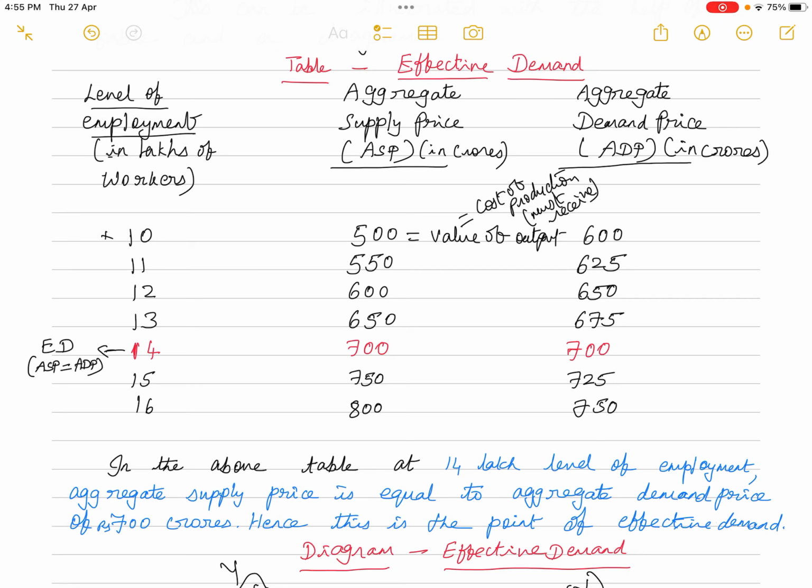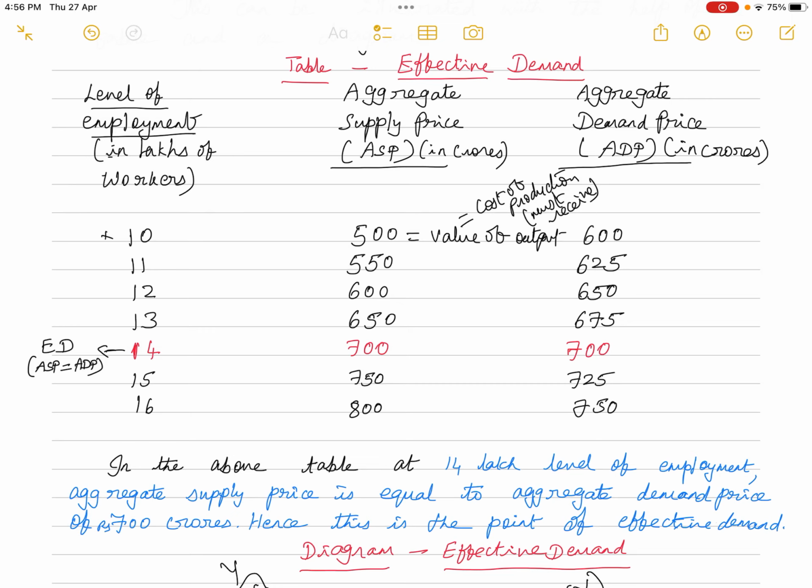Then the producers' aggregate supply price, that is what they must receive, also increases from 500 crores to 800 crores. Now this is the aggregate supply schedule. At each level of employment there are different aggregate supply prices, so if you make it in the form of a table, that is what is known as the aggregate supply schedule.